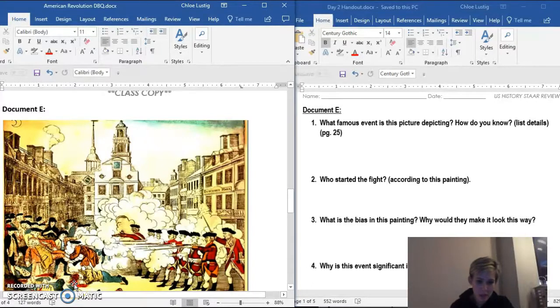Looks like he might be dead. And they're super close. I also notice that the British have all these weapons, and these people just look kind of innocent and really hurt and just scared and don't know what to do.